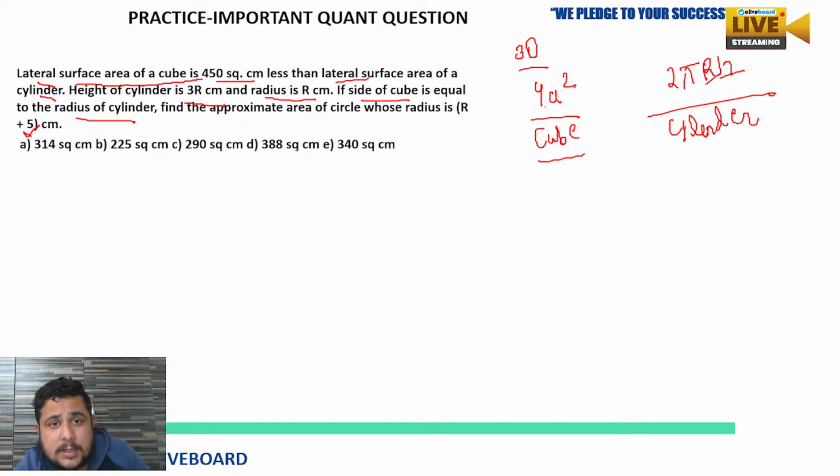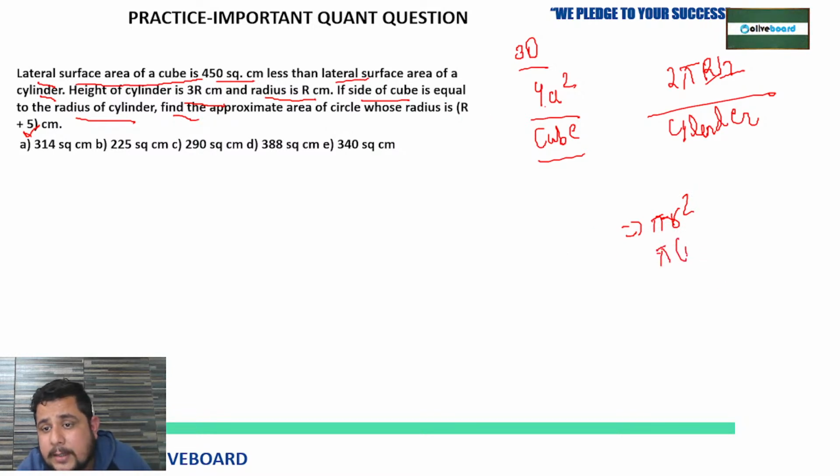Okay, fine. But what are they asking? At the end, find the approximate area of a circle whose radius is r plus 5 centimeter. So what is the area of a circle? Area of circle is pi r square. But here the radius is r plus 5 centimeter.